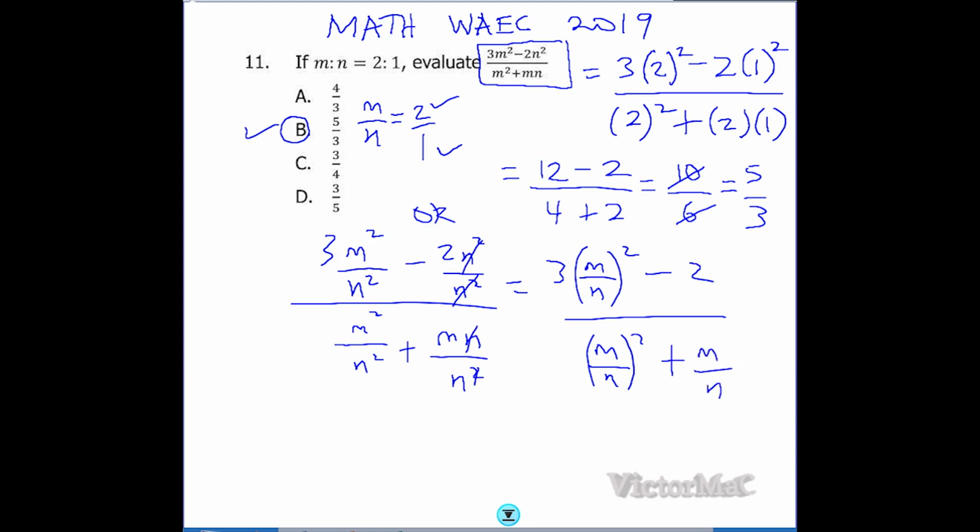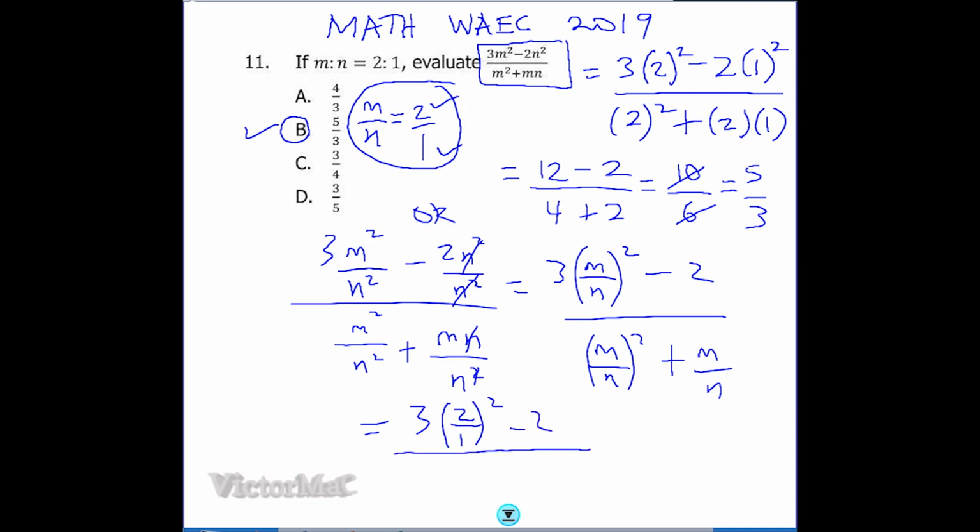And by substituting this fraction 2 over 1 where I say m over n, we have 3 times (2 over 1) squared minus 2, over (2 over 1) squared plus 2 over 1. Don't forget 2 over 1 is the same as 2, so I will refer to it as 2.